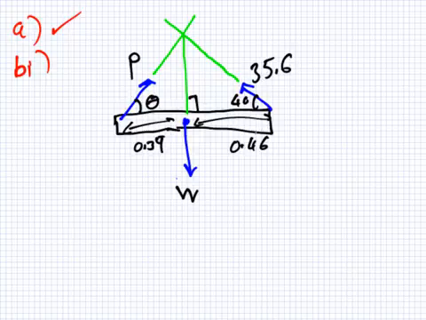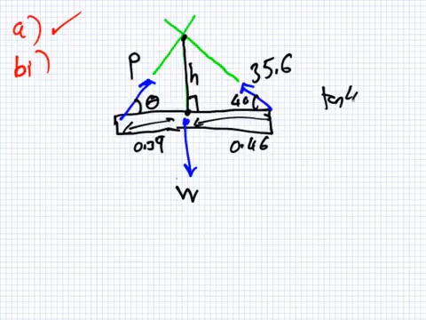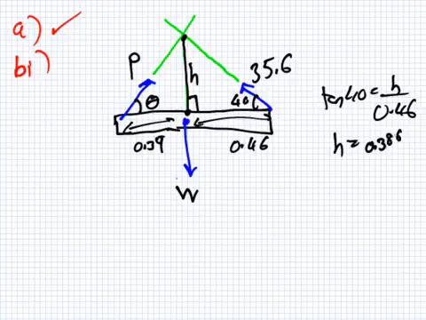Now I can actually calculate this length here, because if I call this h, I can say tan 40 equals h over 0.46. So h equals 0.386 meters.